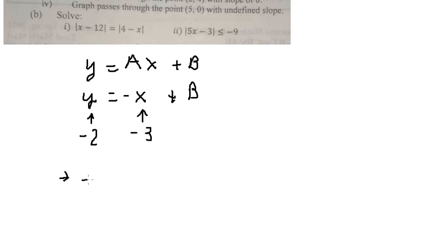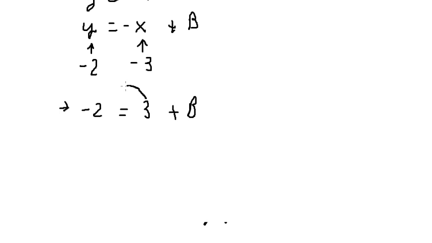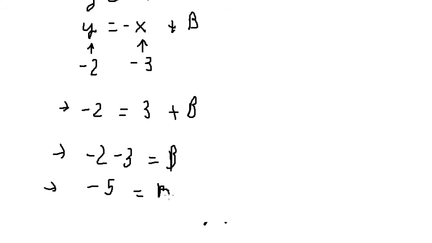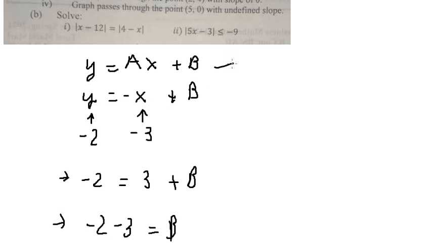So we got negative 2 is equal to positive 3 plus b. We put 3 on the left, and we got negative 5 is equal to b. So the formula of this one is negative x, negative 5.